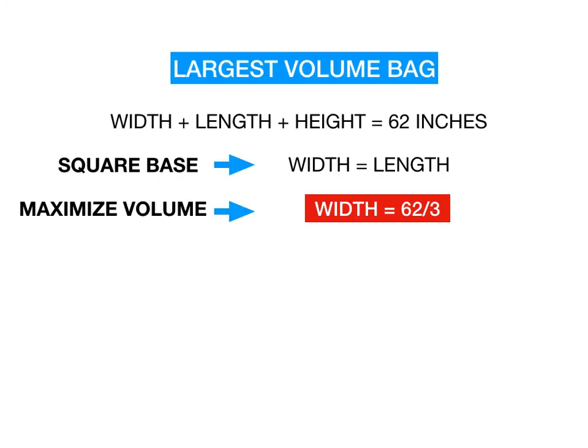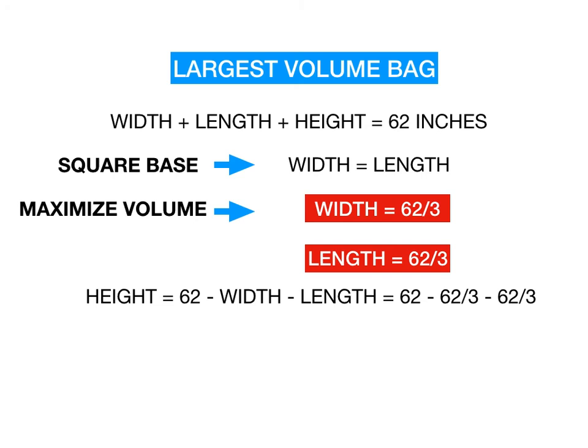Let's gather all pieces of information together. Again, the goal is to find the largest volume bag. The condition is that the sum of the width, the length, and the height is 62 inches. Also, the base is a square. We found that the maximum volume has a width of 62/3. Then we can determine the length, which is the same as the width, and we can find the height by taking the sum minus the width and the length.